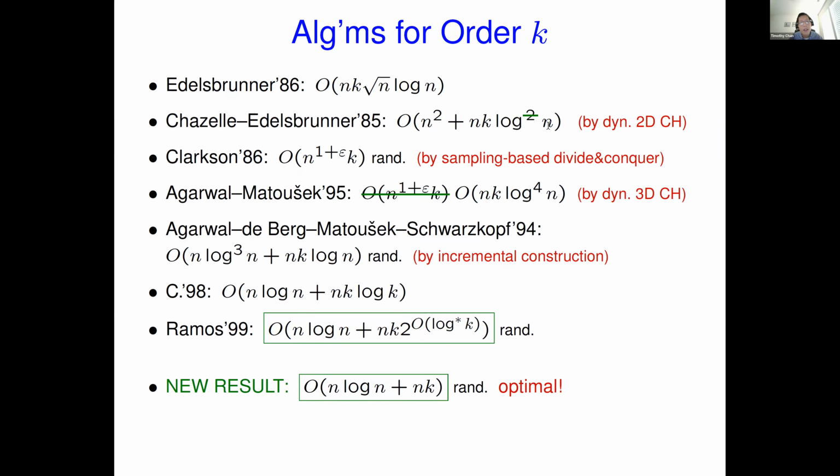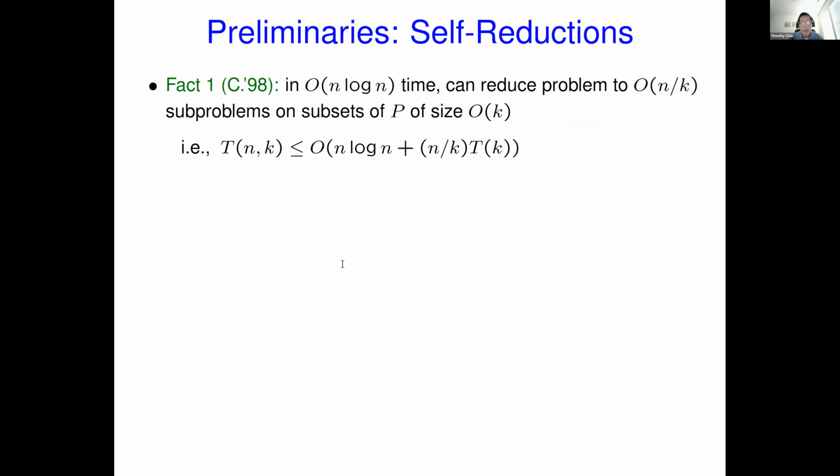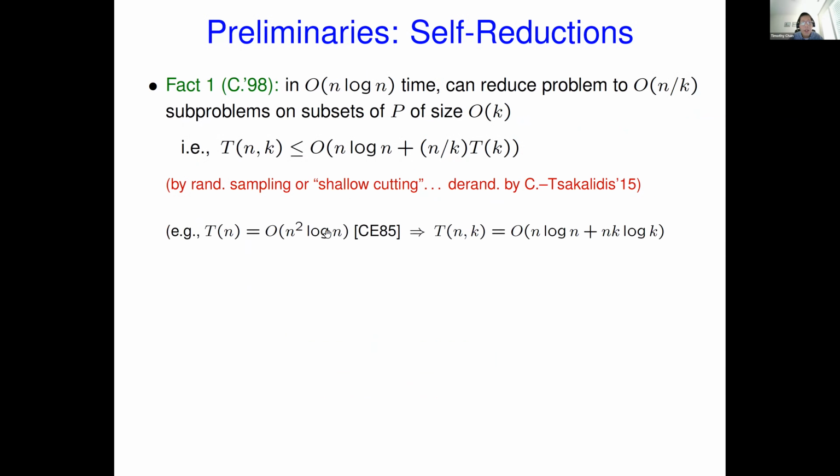Similarly, Aurenhammer, de Berg, Matoušek, and Schwarzkopf's algorithm has runtime n squared log n. So if you apply my reduction with T of k being k squared log k, put that into the formula, then automatically you get n log n plus nk log k, which was the result in my paper.